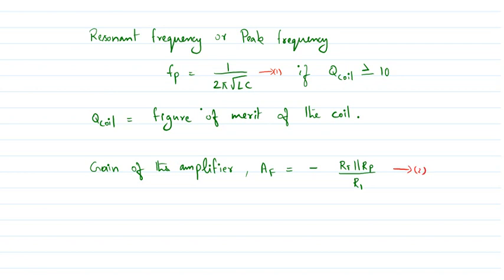where RP is the equivalent parallel resistance of the tank circuit.